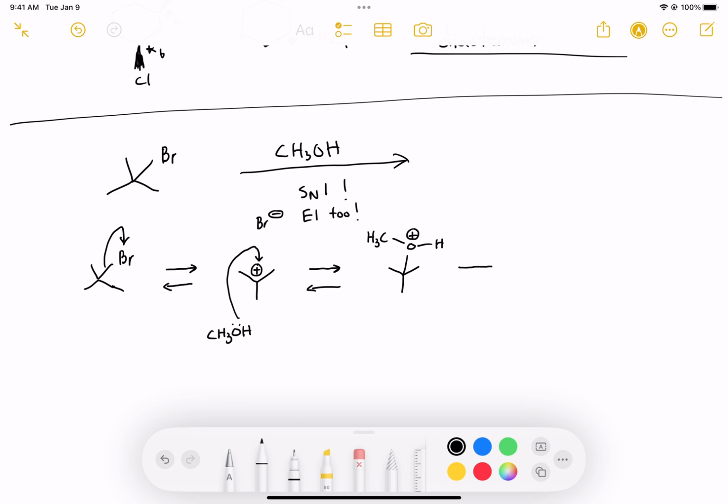Alright, so this is an acid-base reaction now because the bromide will come in even though it's not a very good base. It's okay because this oxonium ion we have drawn is very acidic, so the hydrogen just wants to be removed by anything within its vicinity.